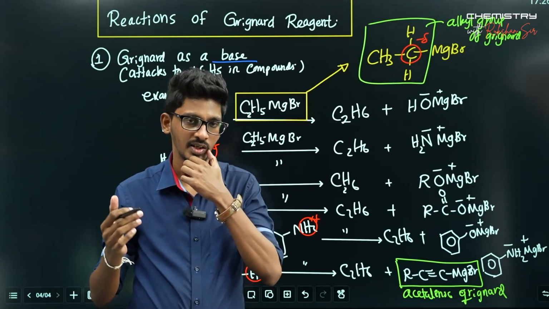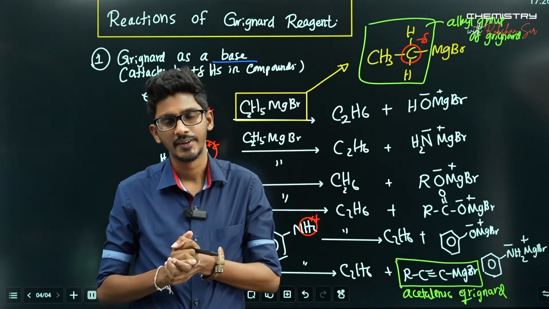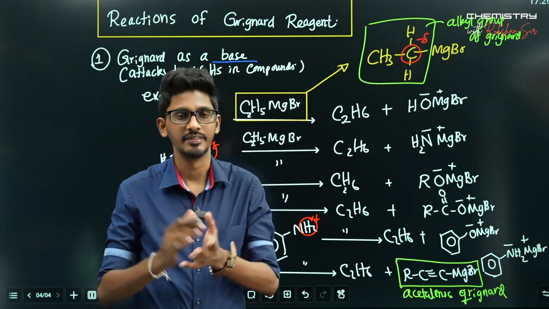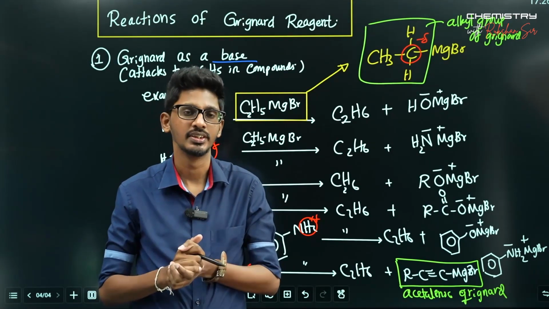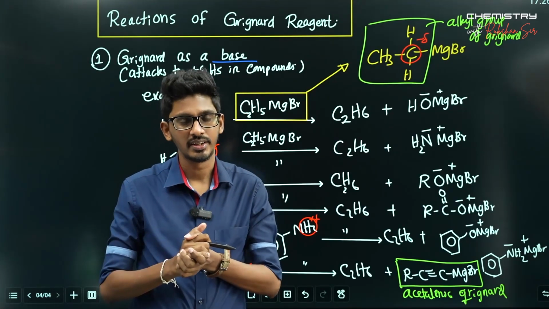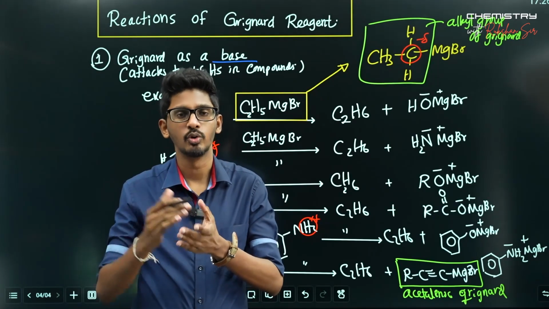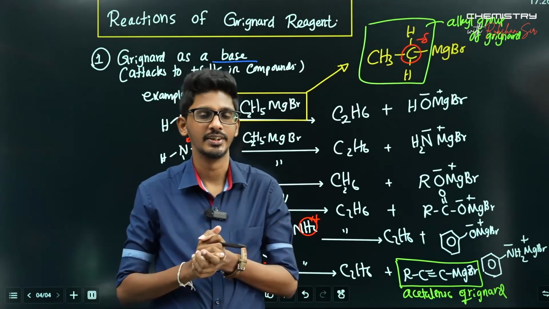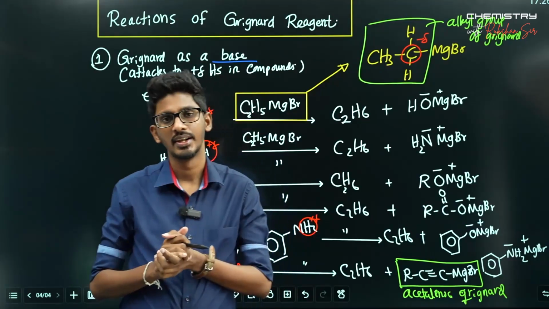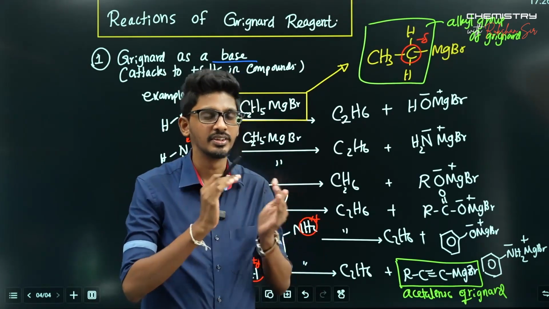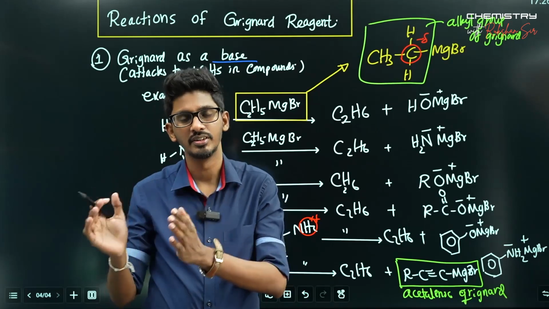The hydrogen of the carbon adjacent to the halogenated carbon has some positive, electron-deficient nature. The OH minus will attack that hydrogen when you are using alcoholic KOH with alkyl halides. So there also the OH minus is referred to as a base.